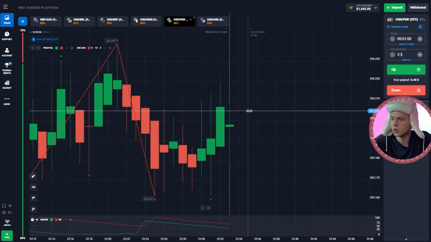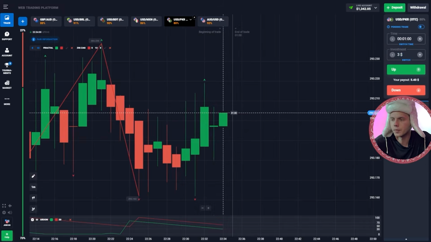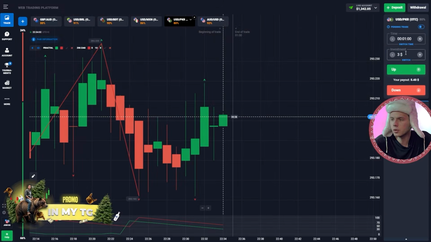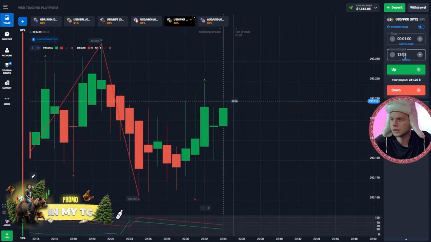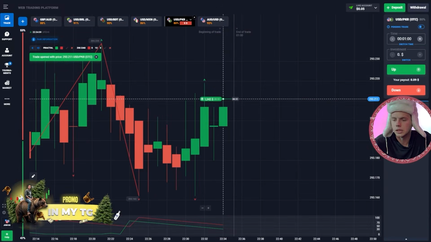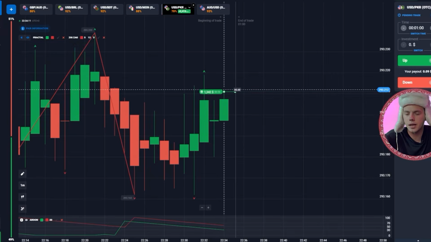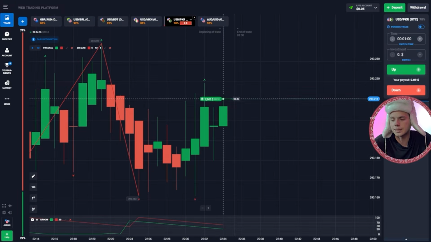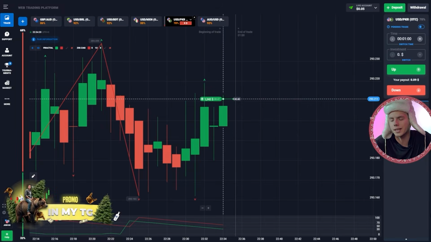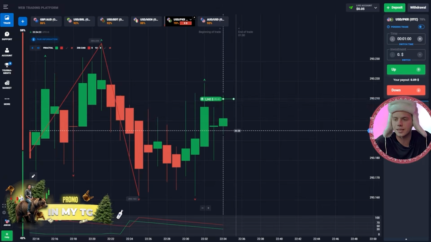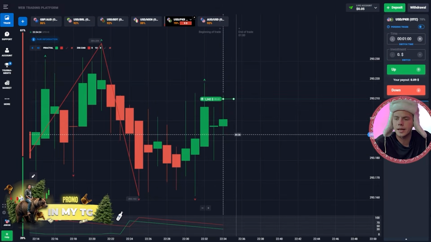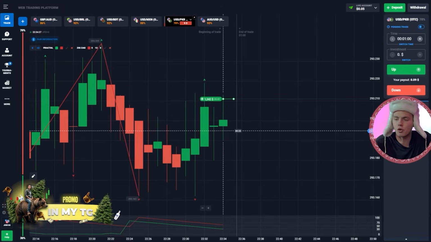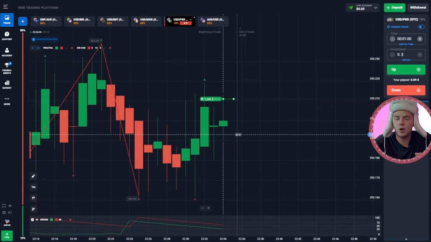So yes, what do we have over here? An upgoing trend, opening a buy trade as well. Here, if you take a look at the Aroon indicator, you may say that nothing special, but this is not the only thing you should look at. If you take a look at the fractals as well, you will see that the beginning of the change of the trend has already started.